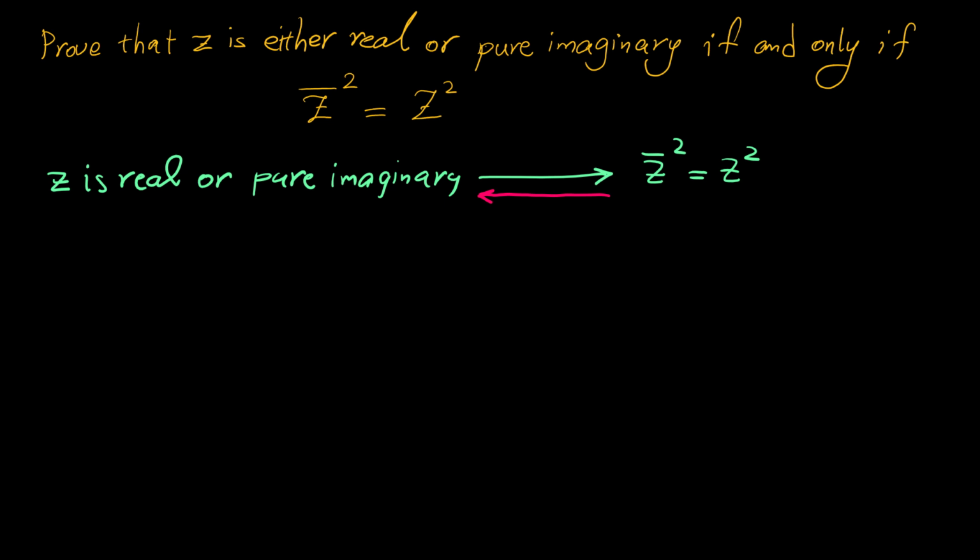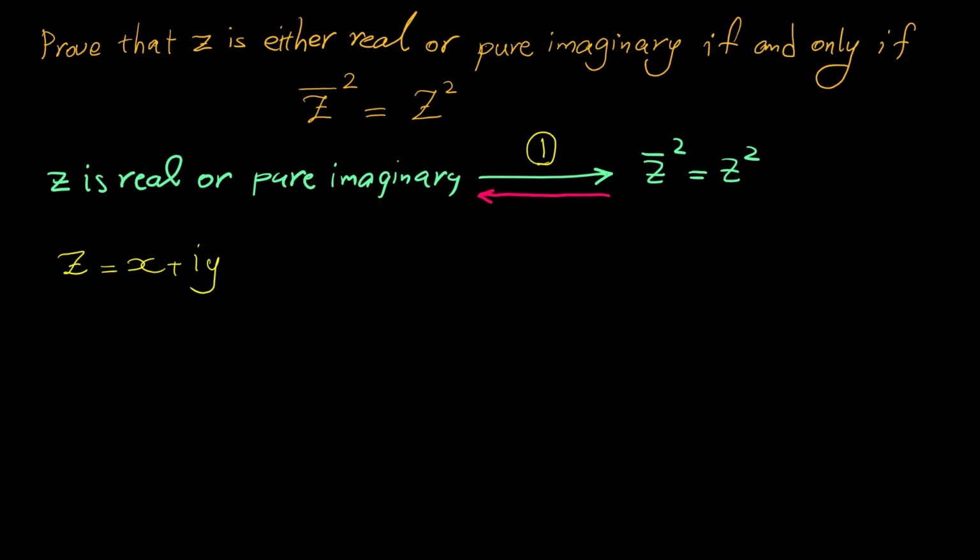First, we prove this part, which is easier. We prove that if z is real or pure imaginary, then this happens. So first we prove this side of the statement. If z is real, we know that any complex number is in the form of x plus iy.